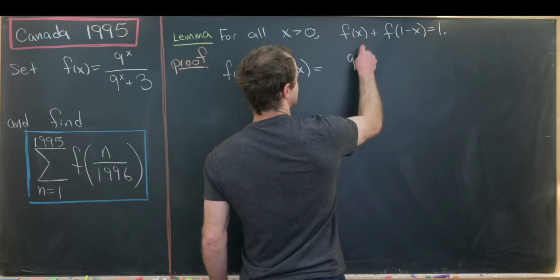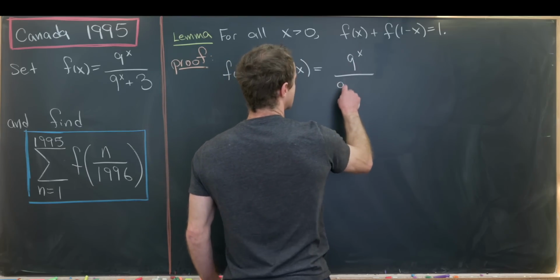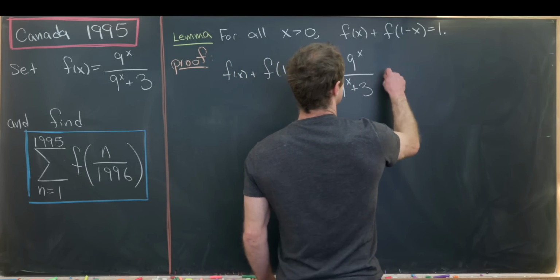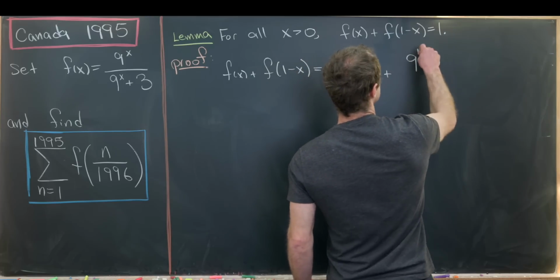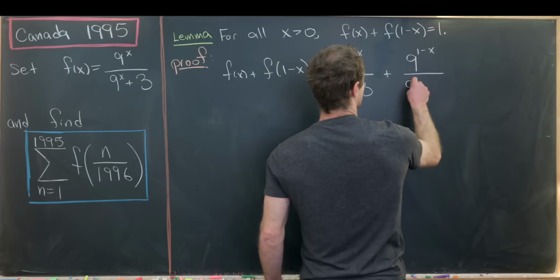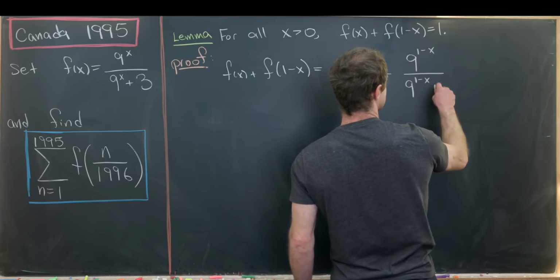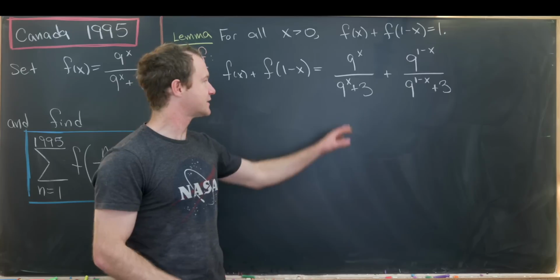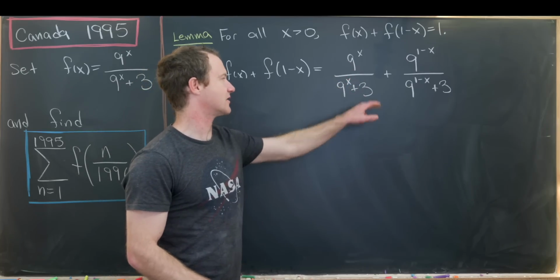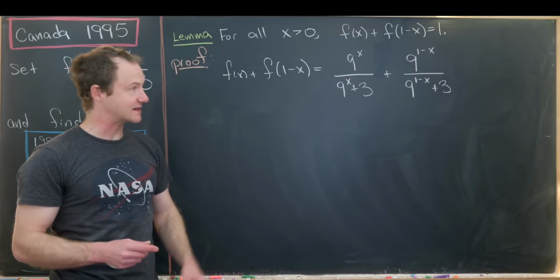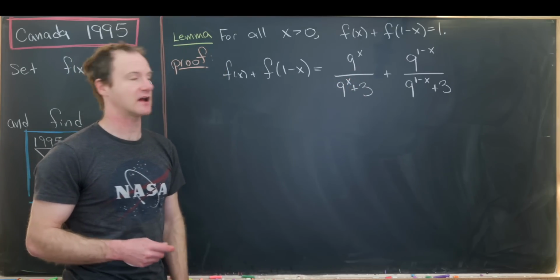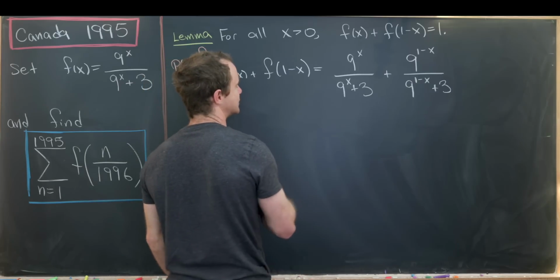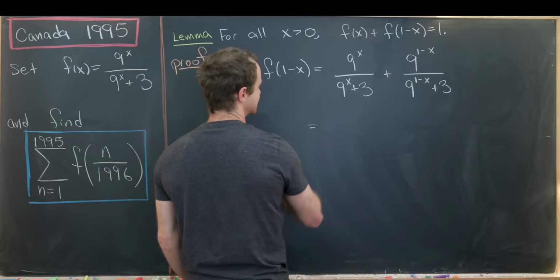So this is going to be 9 to the x over 9 to the x plus 3, plus 9 to the 1 minus x over 9 to the 1 minus x plus 3. And so the fact that we've got a 9 here and here and a 3 here really begs us to divide a 3 out of the numerator and the denominator of each of those. So let's see what that leaves us with.